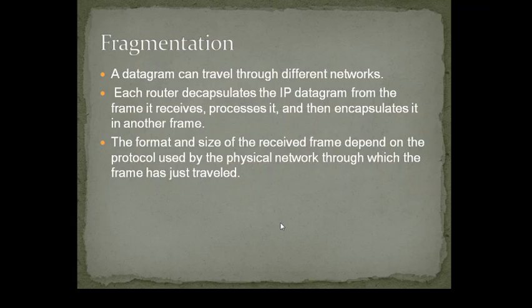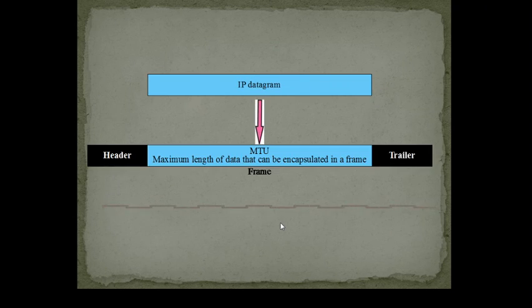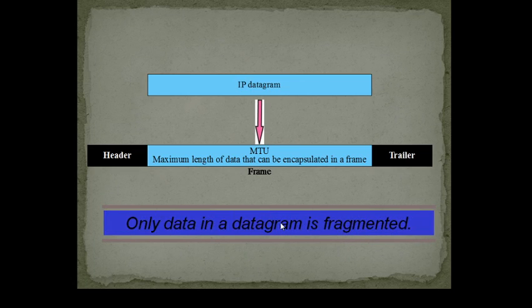We will have to divide our data into multiple chunks. That is fragmentation, right? So basically it will work on our IP datagram. Only the data in this datagram will be fragmented. The header will not be fragmented, right?